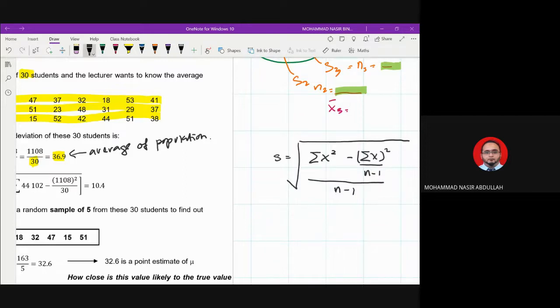For population standard deviation, which is sigma, it is the same as sample standard deviation, but the denominator is different. Instead of n minus 1, we just take N only. So summation of x square minus summation of x squared divided by capital N, everything divided by N.